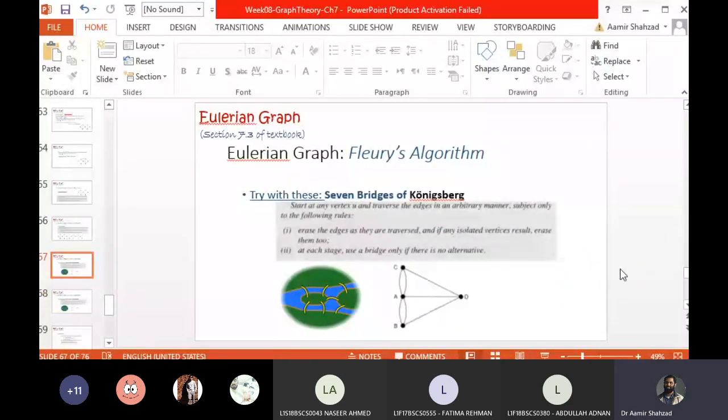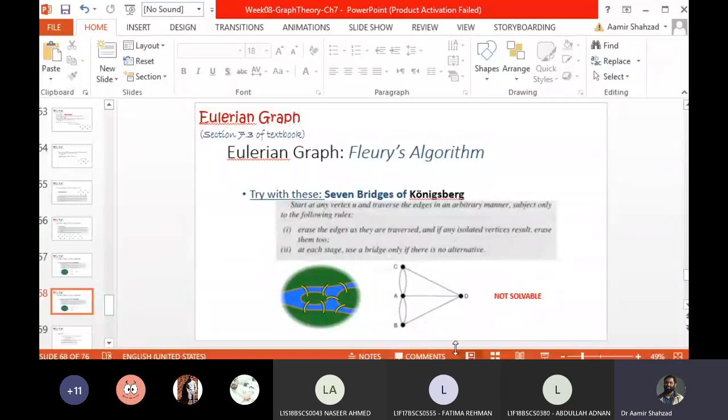So in Königsberg problem, 7 bridges problem, it is not solvable. This because this is not an Eulerian graph. We have over here we can see D has degree 3, C has degree 3, B has degree 3, and A has degree 5.